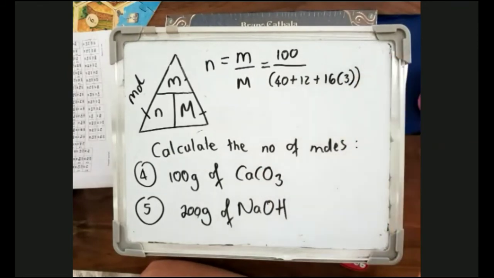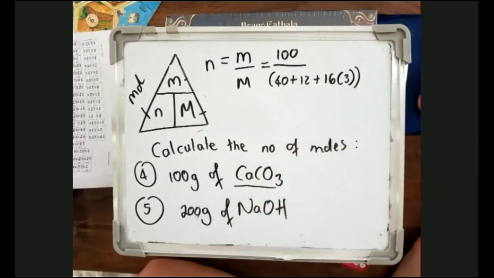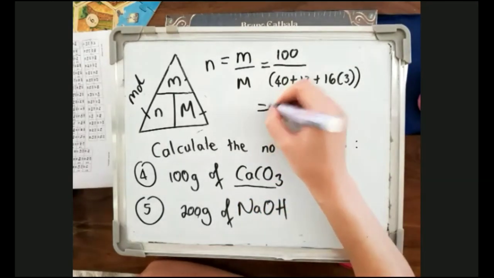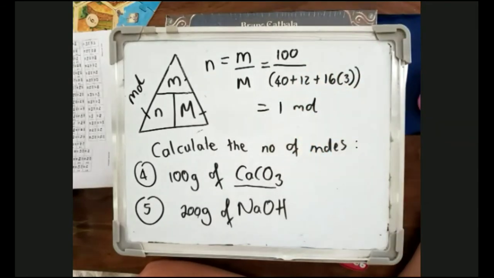This is actually quite a nice one if you ever see it. Calcium carbonate's molar mass is 100. That's why it's always such a nice one to use in examples. So 100 divided by 100 just gives me 1 mole. So 1 mole of calcium carbonate would weigh 100 grams.